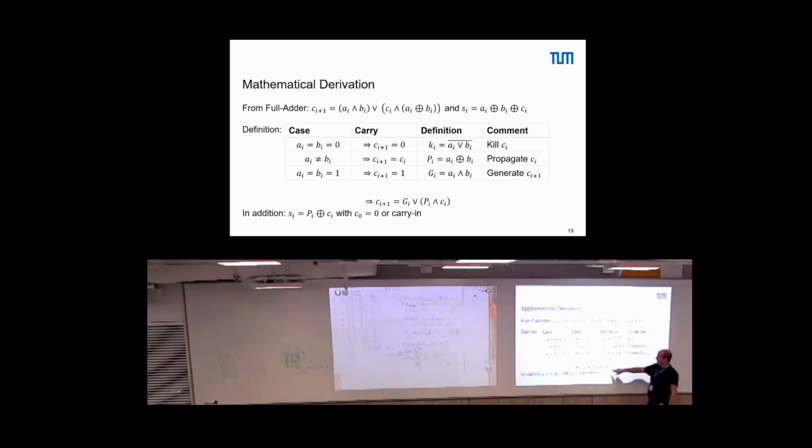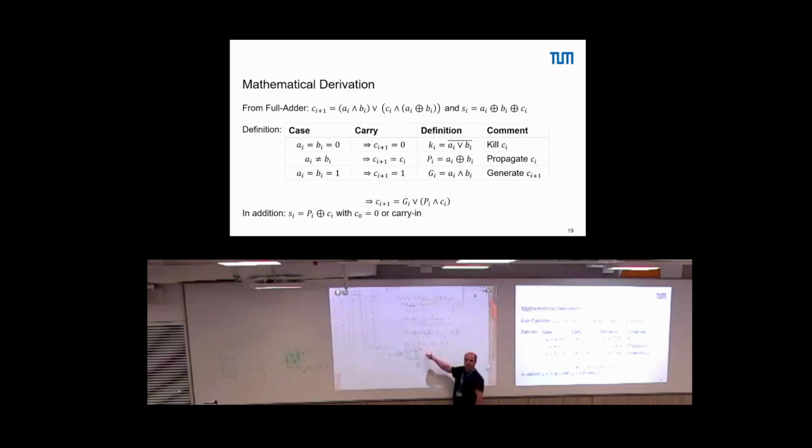The carry bit generation can then be written in propagate and generate: Ci plus 1, the output of my full adder, is a generate or a propagate and Ci. This is exactly the equation we had here, right? Generate or propagate and Ci.